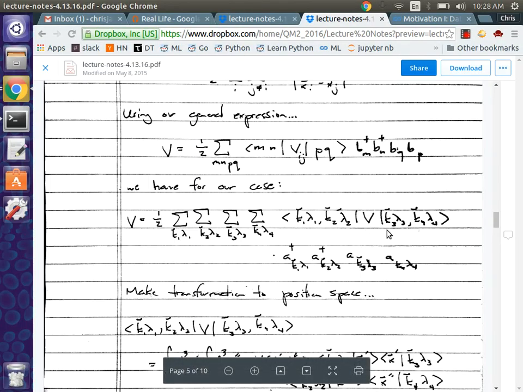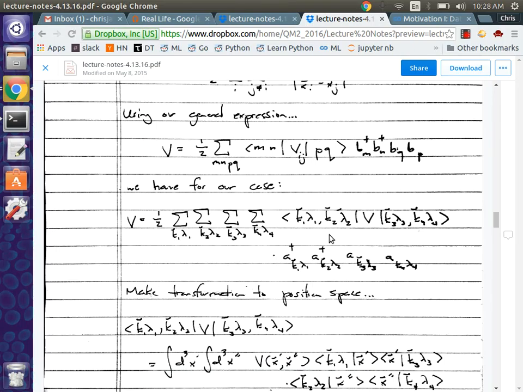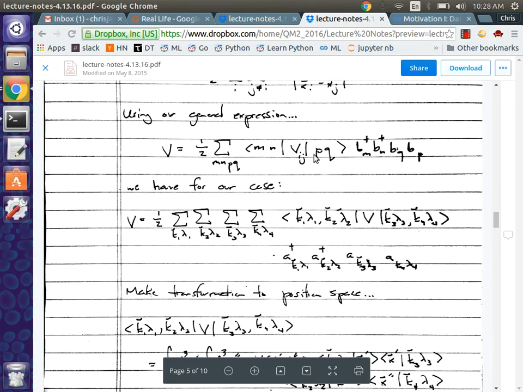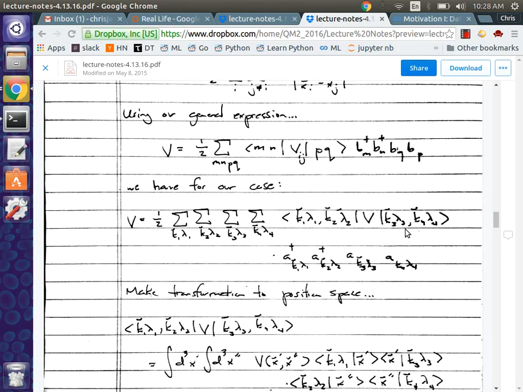So we have particle 1, particle 2, particle 3, particle 4. Think of these as initial and final states. These are particles that are interacting. So these quantum states are described by their momentum and their spin.